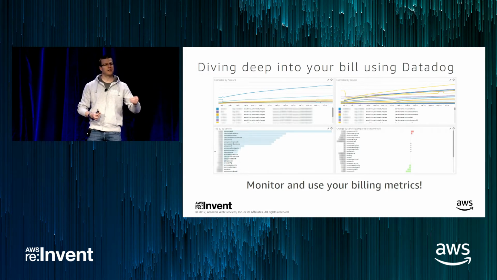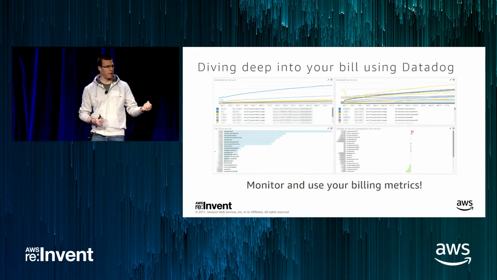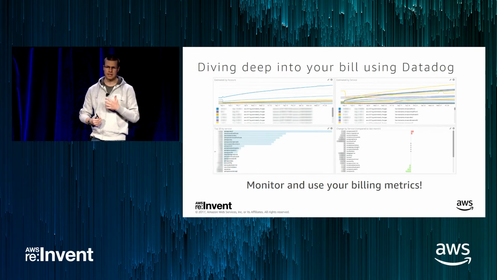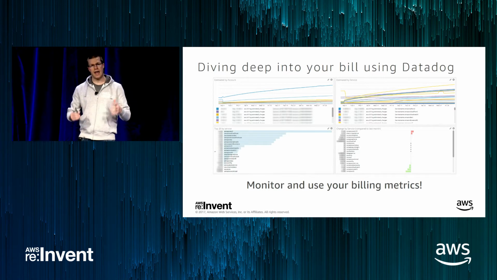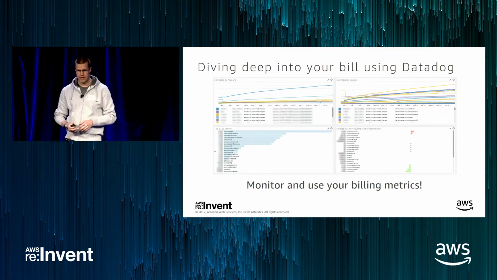How is this correlated to something we're seeing inside of our application and inside of our metrics? And this gives us a great deep dive into what is really happening in our application, but also what kind of cost effect has that for us.